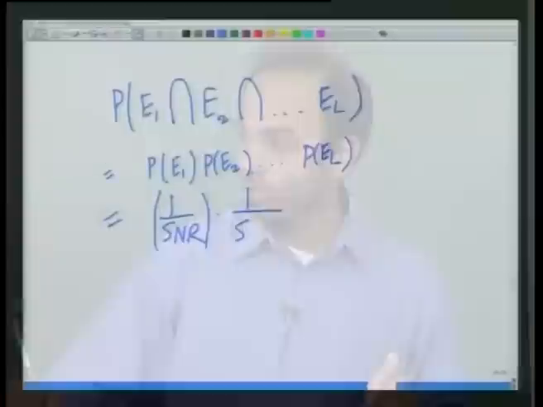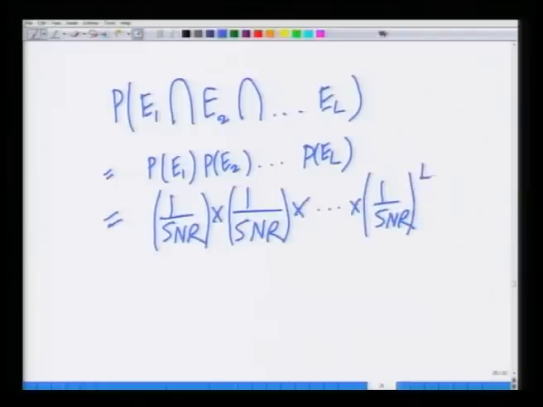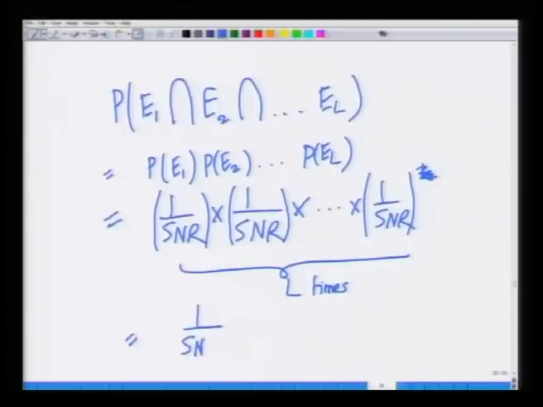P of E2 is the probability that link 2 is in a deep fade, that is 1 over SNR. So, I take the product of 1 over SNR L times, hence the probability of deep fade now becomes 1 over SNR to the power of L.